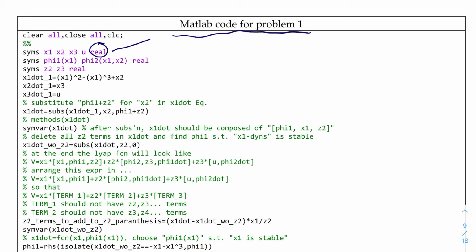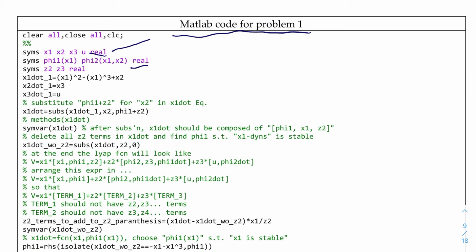Being real is an assumption or a constraint, and if you don't state that constraint, MATLAB will try to solve a harder problem, a solution that would be valid for more general cases, and we don't need that.